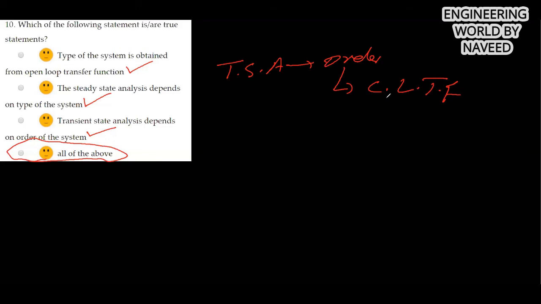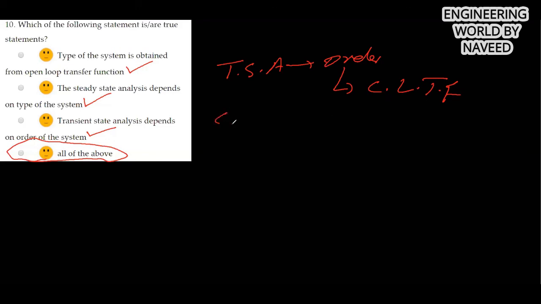All of the above. As I already discussed, the transient state analysis depends on the order of the control system, and the order is obtained from the closed loop transfer function. The highest power of the characteristic equation determines the order of the control system.